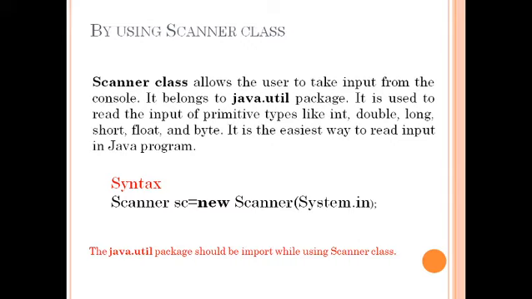When you are writing the program you have to include Scanner sc = new Scanner(System.in), where through this sc object we can take the input of any primitive data type values.